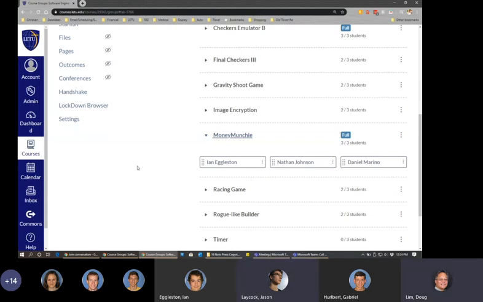So let's get a project status update from the Money Munchie team. Where are you at? Can one of the three of you give me a quick status update? Yeah, I can provide that. Currently, Money Munchie has been divided into its separate user interfaces, and it has, I would say, about 80% of the basic functions of these interfaces incorporated.